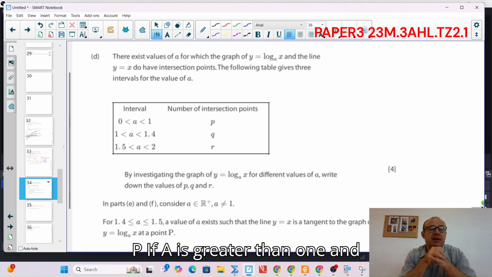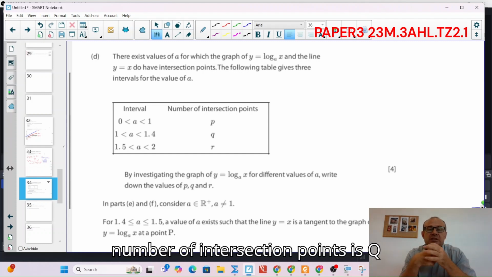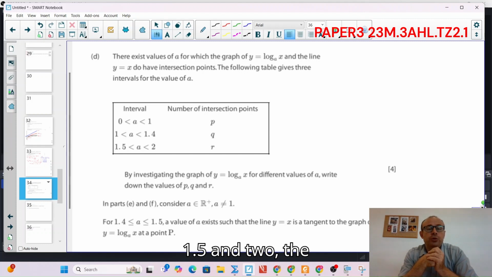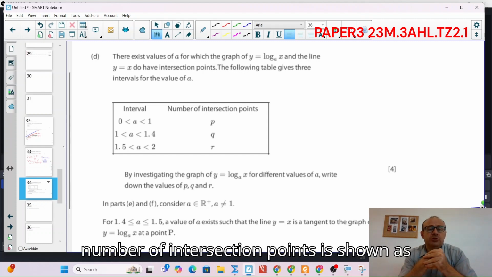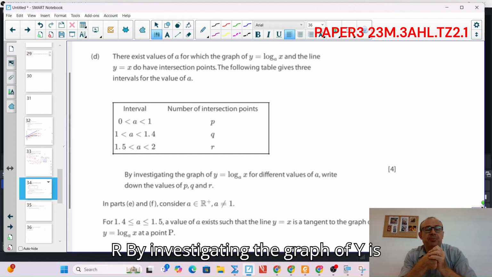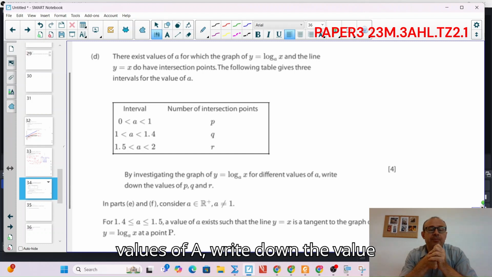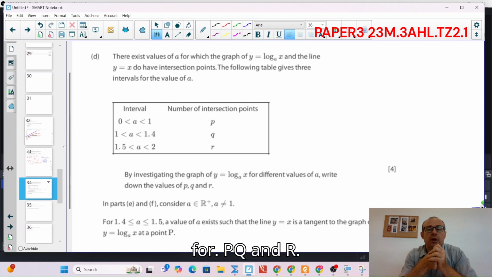If a is greater than 1 and less than 1.4, then the number of intersection points is q. And if a is between 1.5 and 2, then the number of intersection points is shown as r. By investigating the graph of y is equal to log base a of x for different values of a, write down the values of p, q, and r.